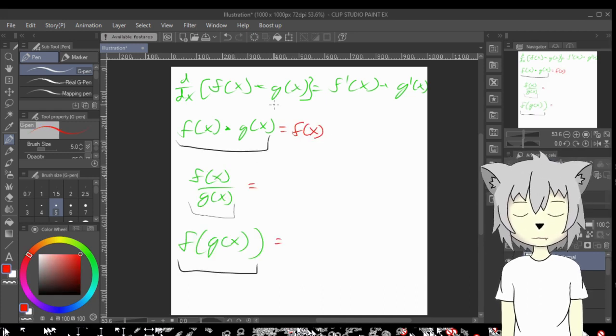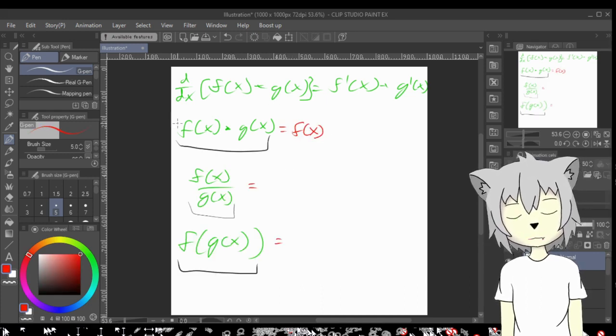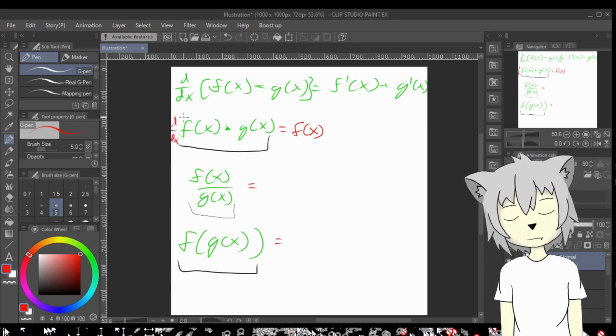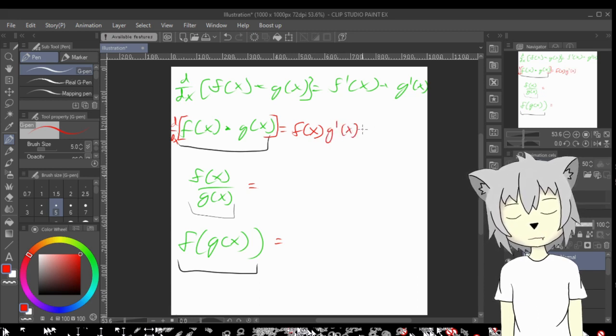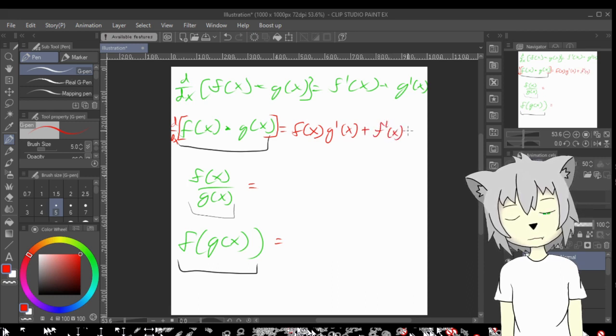The derivative of a function f of x times g of x is equal to f of x times the derivative of g plus the derivative of f times g of x.